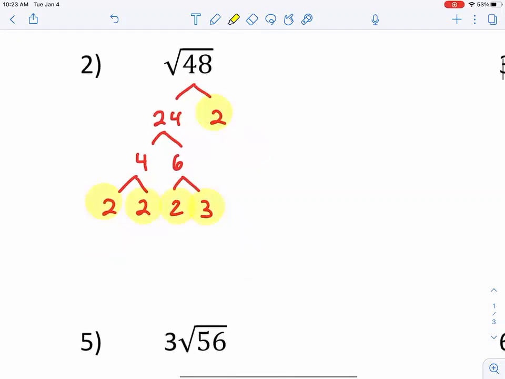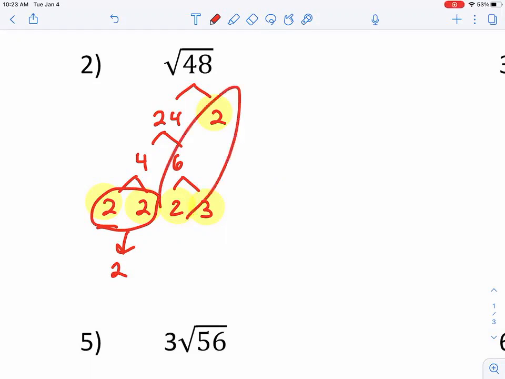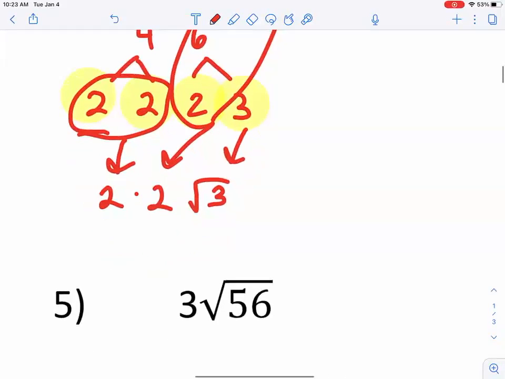And once we get all prime numbers, again, we look to partner them up. We have those 2s, that's going to give me a 2 on the outside. We have those 2s, that's going to give me another 2 on the outside. And that 3 has to stay home. So our final answer will be 2 times 2, which is 4 radical 3.